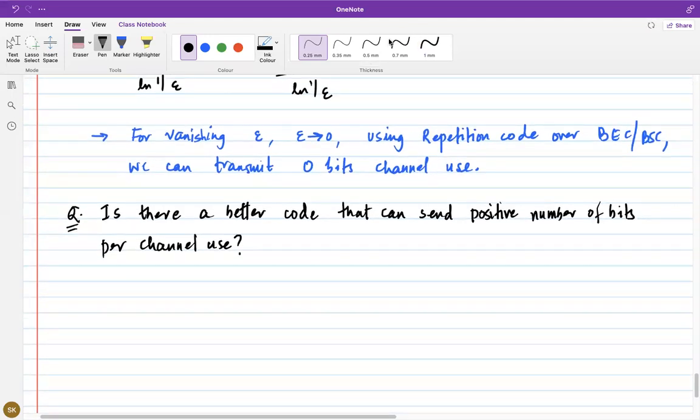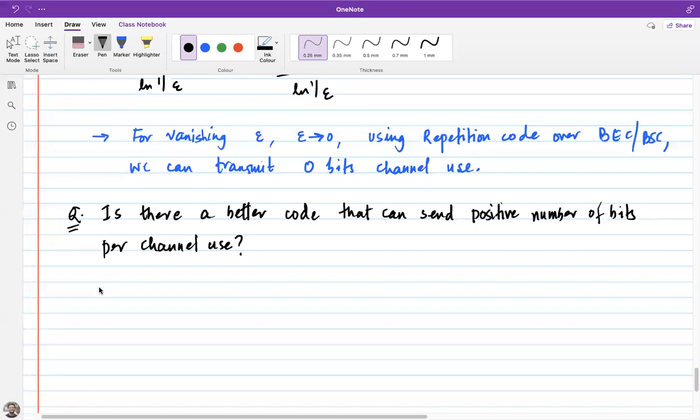And that brings us to the topic of channel capacity. Along with the channel capacity, we will also see something very fundamental given by Shannon, which is Shannon's channel coding theorem.